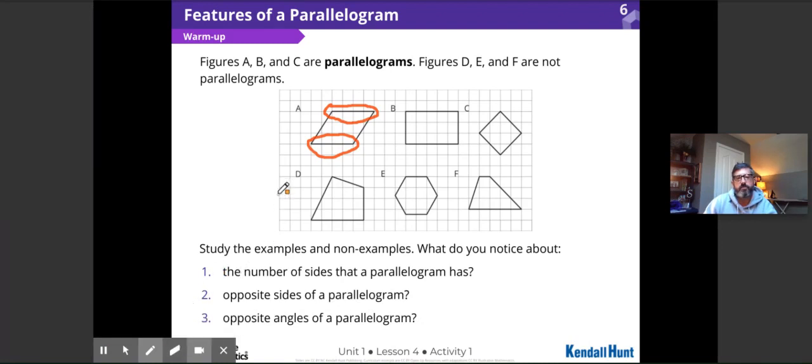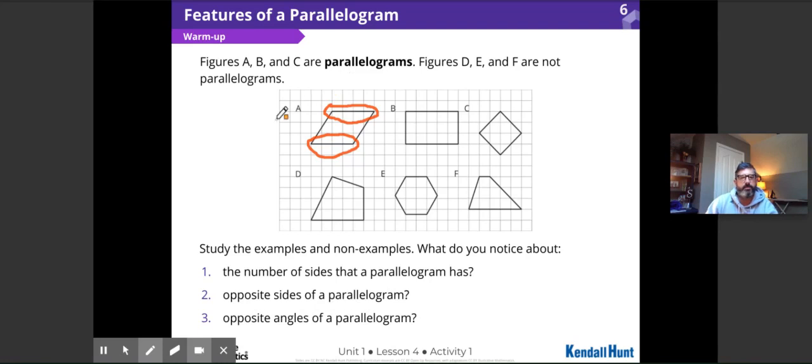Yes, they are circles. What about the lines in between the circles? Do they look similar at all? Could they be going in the same direction? Yeah, they're going in the same direction.